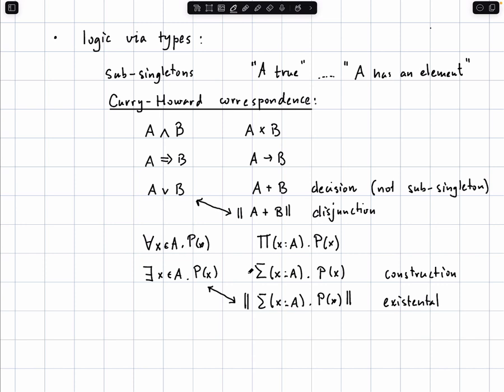Involved mathematical constructions are combinations of many steps involving logic and constructions. So as you're constructing an involved mathematical structure, an element of some structure, such as a manifold or a smooth manifold, you may need to prove theorems on the way to constructing the thing of interest. So it's all going to be mixed up.